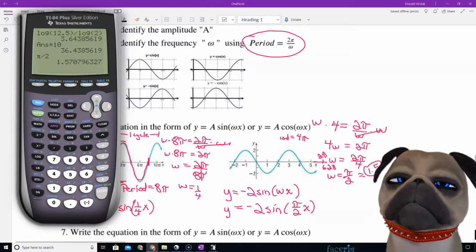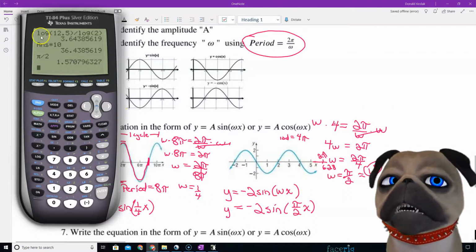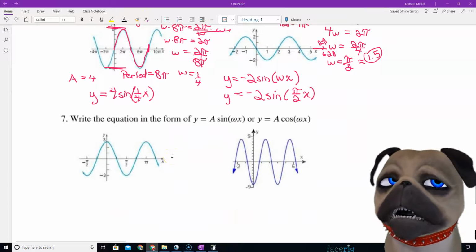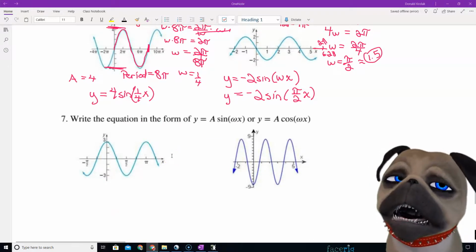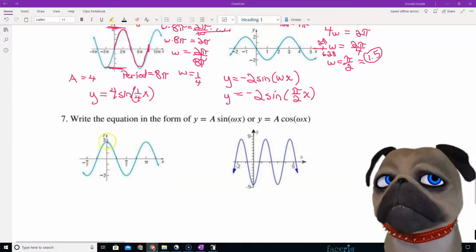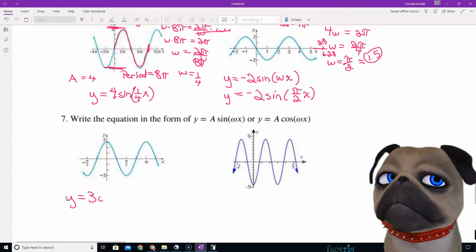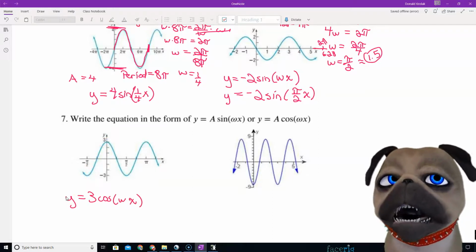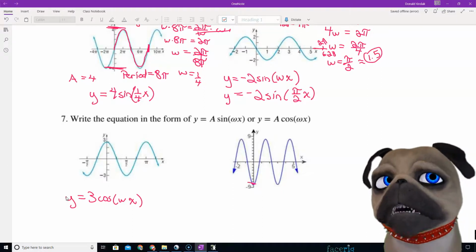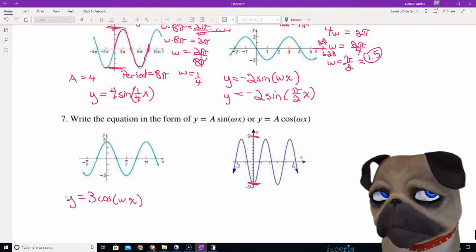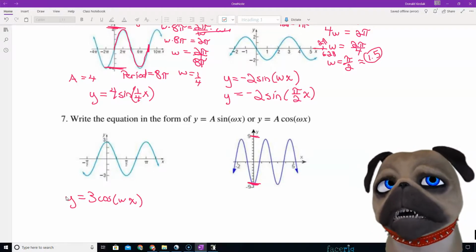All right, and now the last two. Let's take a look at this. This looks like a cosine function with an amplitude of 3. And this looks like an upside down cosine function, and I'm going to say that looks like -8.